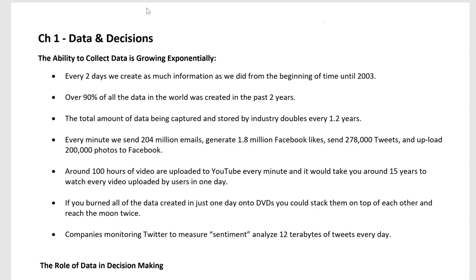All right, so today and in the future more than ever before, this is true. Businesses have always relied on data to inform decisions.